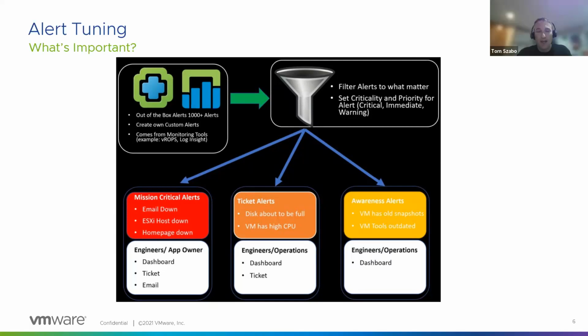Go ahead, Tom. Yeah, that is a great point. Much easier to understand what's available. I would say that no one knows every one of those alerts off the top of their head. So part of it is just understanding what's there, and then understanding that no one knows your environment better than you do. What is important? What key applications do you have?